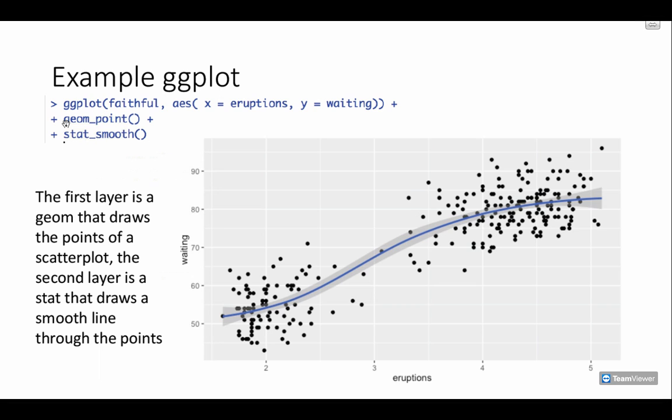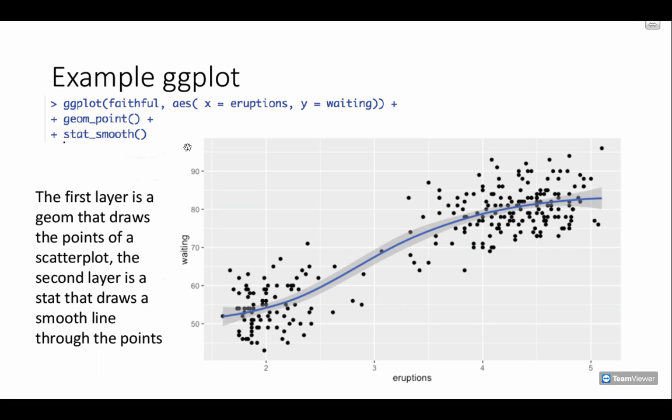Since we want a scatter or dot plot, we specify geom underscore point, and leave the brackets empty. I'll tell you what other parameters you can use within these brackets, but for now, let's leave it at the defaults. Then we add another layer upon this, and we call it stat underscore smooth.